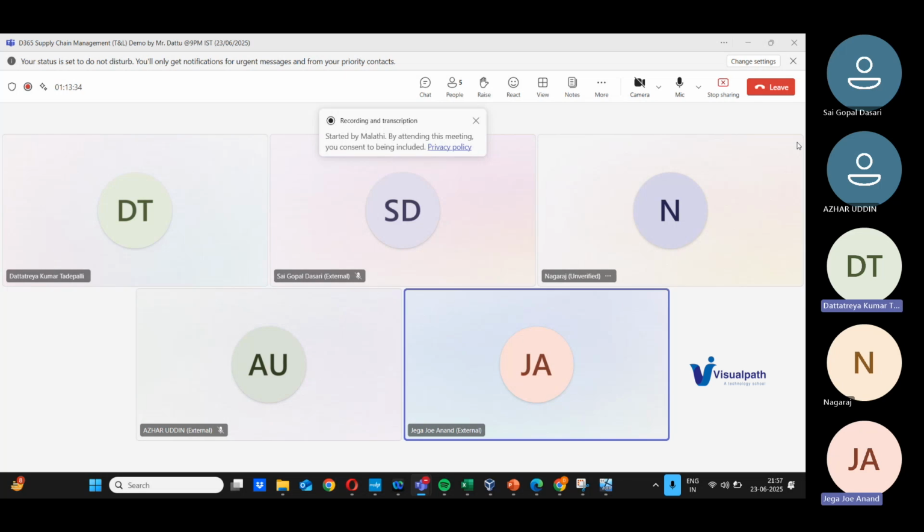So what will be covered? TMS is the transportation management system. Just for others' sake, I'm saying, continue with your question. And what will be covered in this trade and logistics module? Purchase area, sales area, inventory management, and product management.